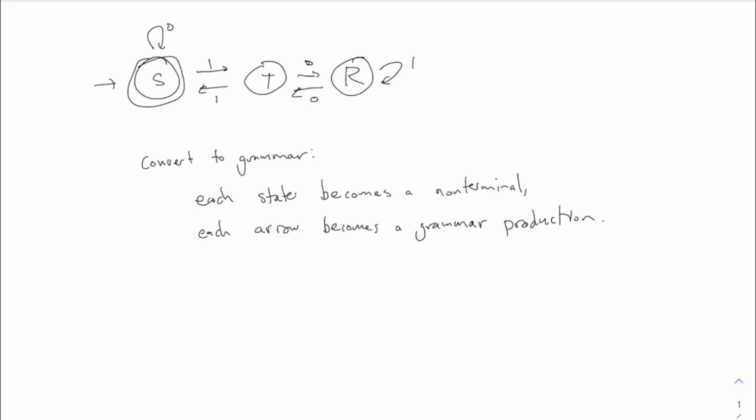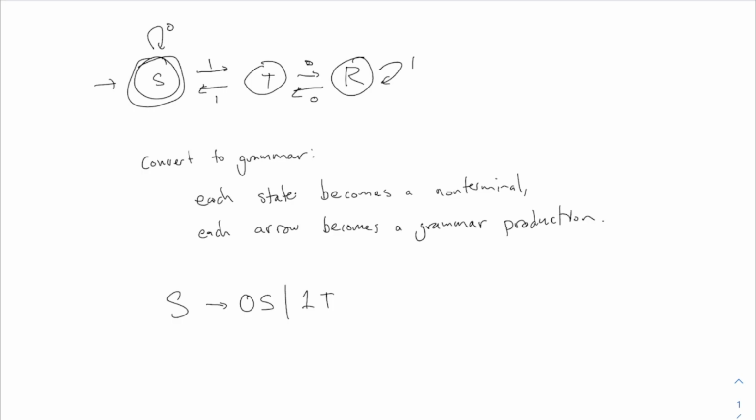All right, so in this particular example, it's going to be S. S is always what I'm going to call the starting grammar symbol, the starting non-terminal symbol. And S has an arrow going back to itself labeled with a 0. The way you encode that in a grammar is just S goes to 0S. And then there's also an arrow with a 1 to the T, and that will look like S goes to 1T.